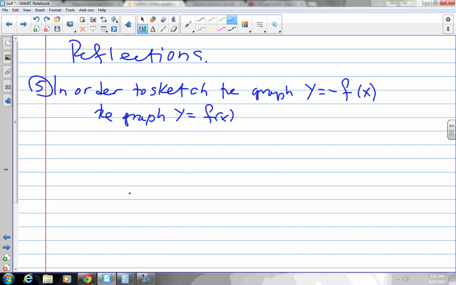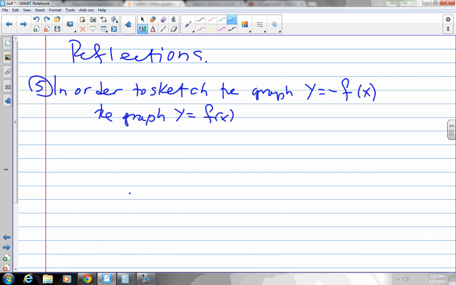All the points with positive y value now have a negative y value, and all the points with negative y value now have a positive y value, right? So the whole graph flips over. The bottom becomes top and the top goes on the bottom. Is there an axis of flippage of this graph? Yeah, it's flipping over the x-axis, right?